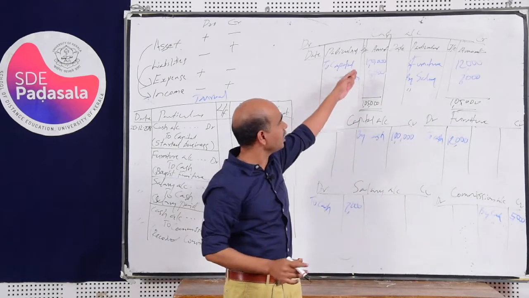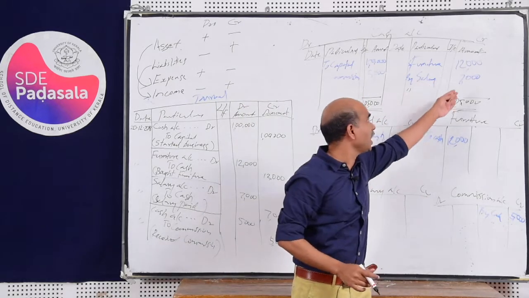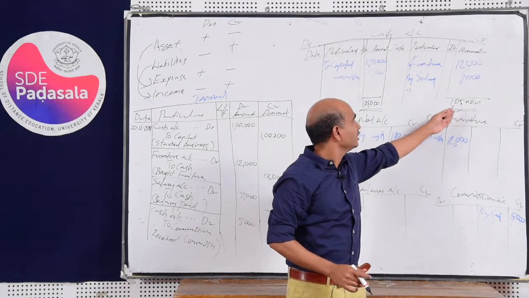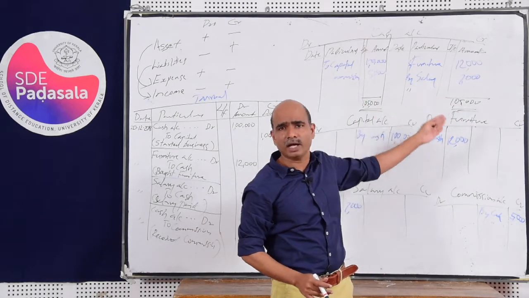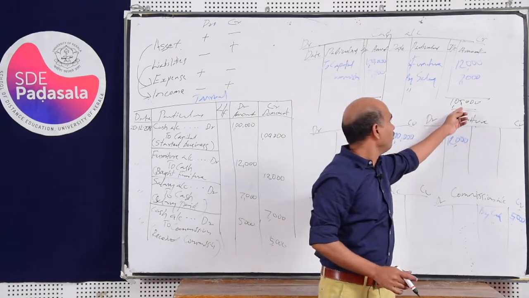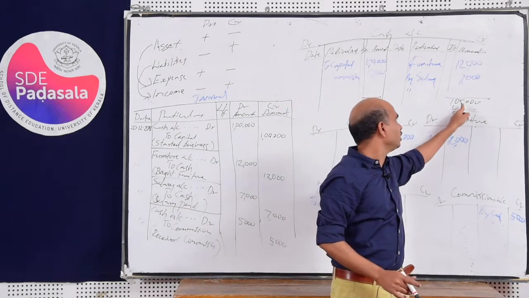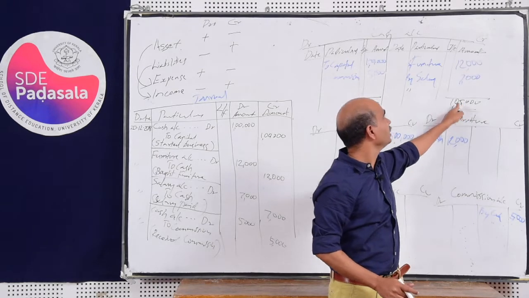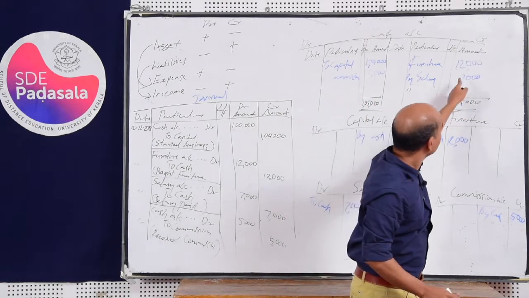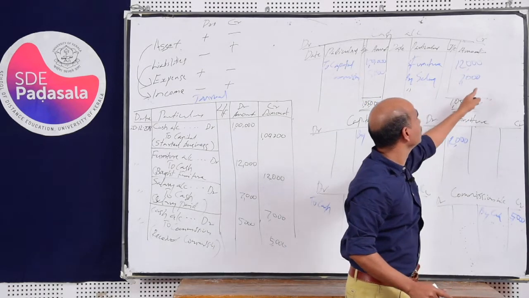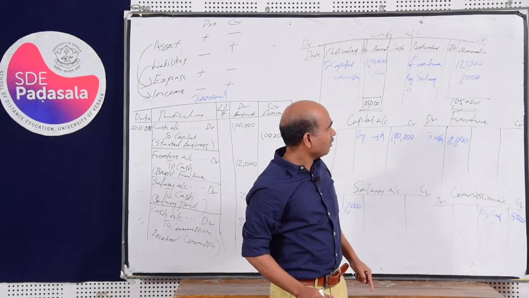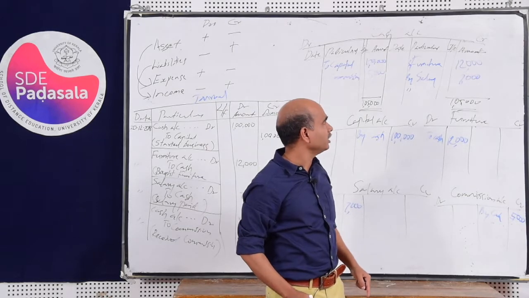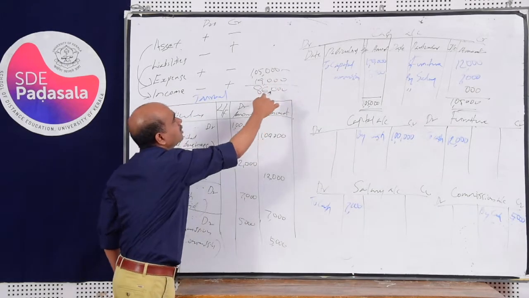So, this side is 1,05,000, but when we calculate, the right hand side has some shortage. That shortage is known as the balance, and we should deduct the total items from 1,05,000. The total is 17,000 plus 12,000 plus 7,000, that is 19,000. 1,05,000 minus 19,000 is 86,000.